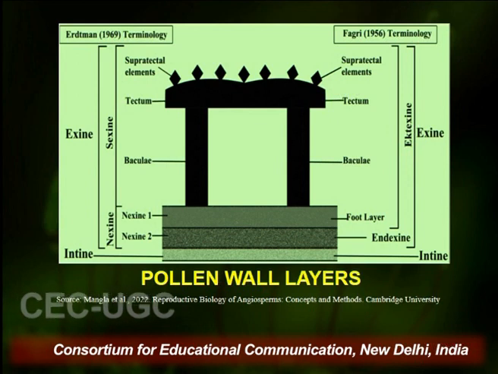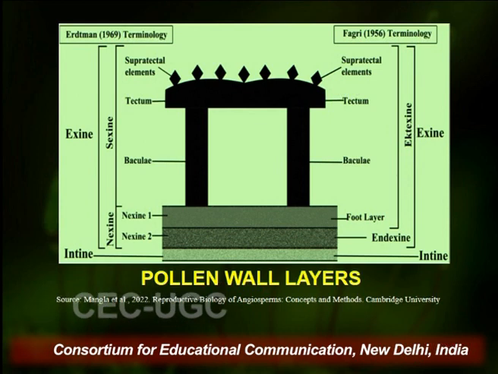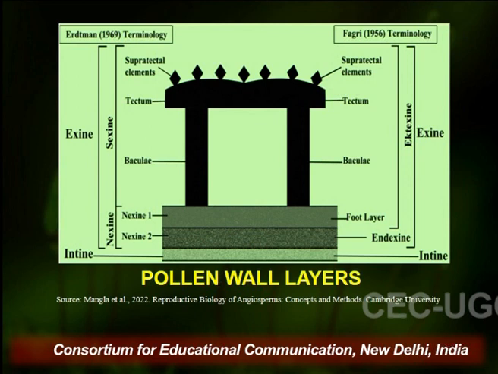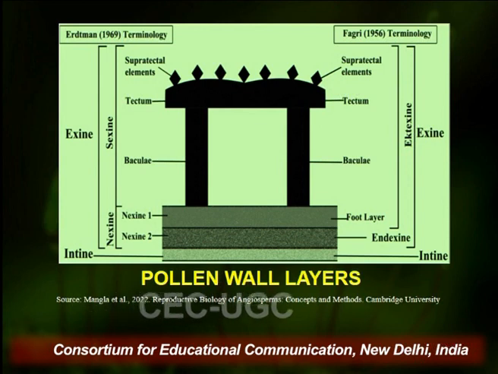Now there is a very slight difference, because in general the structure remains the same, with intine being the inner wall layer of the pollen grains, followed by the exine. Now you can see here that the grey portion represents the intine, that is the inner wall layer of the pollen, and on the outside of intine is the exine.